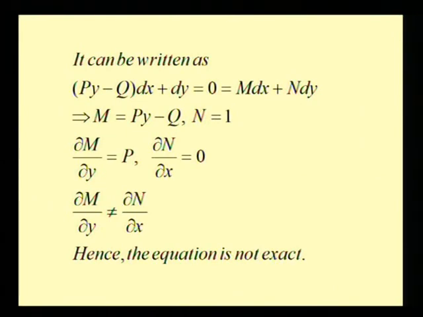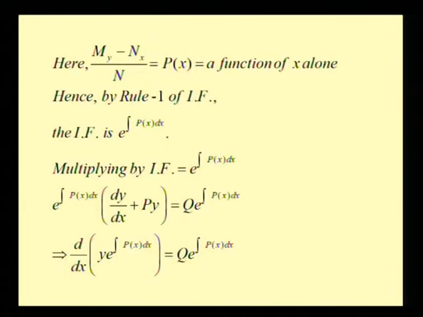That means that my is not equal to nx. The condition for exactness is not satisfied. This equation is not exact. Here (my minus nx) upon n is a function of x alone, and therefore we can get the integrating factor by rule number 1, which we have already quoted.